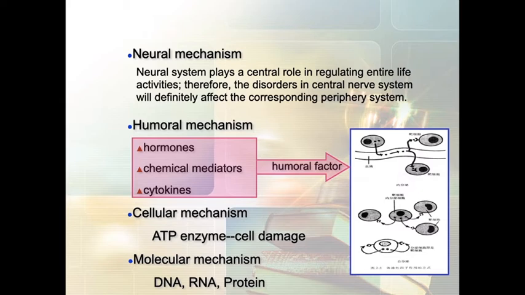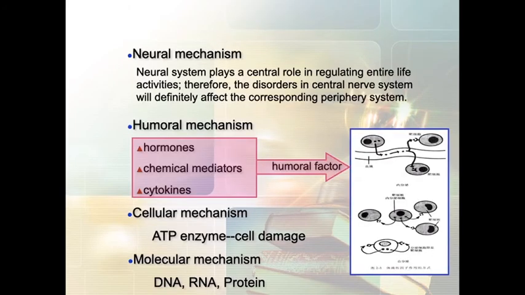You've noticed there is some substance produced by one cell, and it's secreted into the blood vessel, then transported to other cells and works on the other cells. These other cells on both sides of the blood vessel are called the target cells.